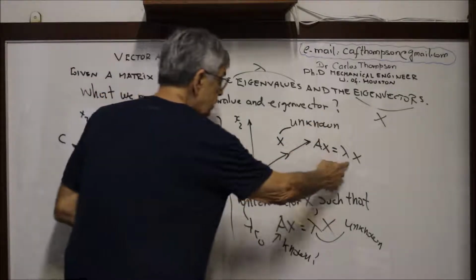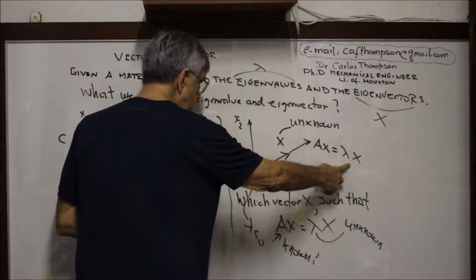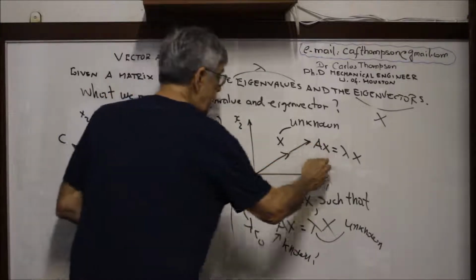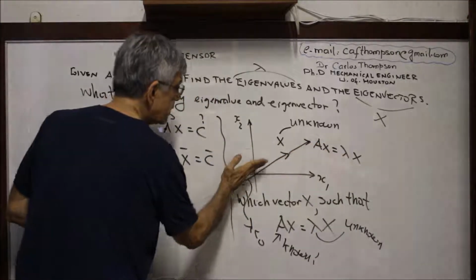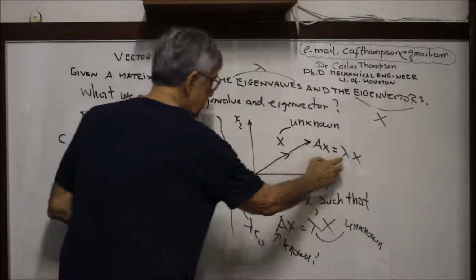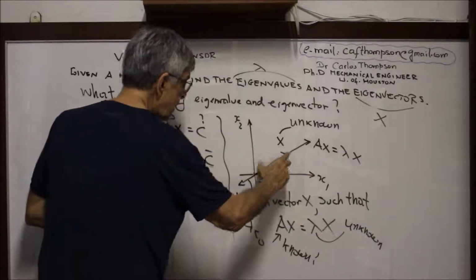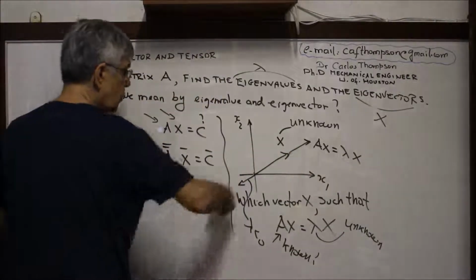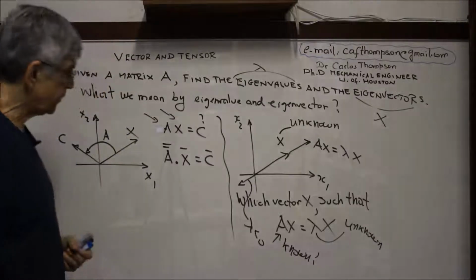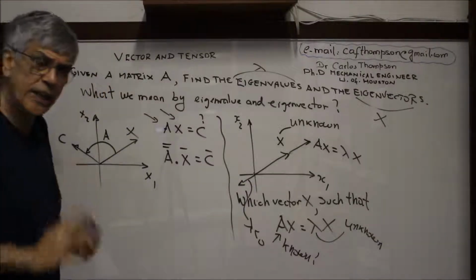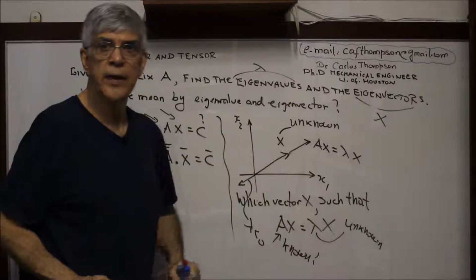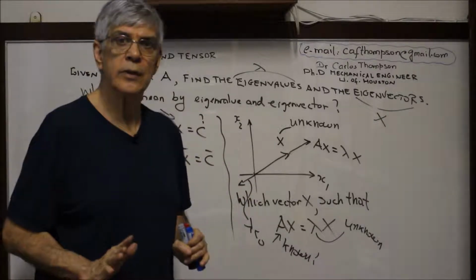You see, if lambda is positive, now Ax, lambda x, has the same direction of x. If lambda is negative, I have x here, here's lambda x. So I have opposite direction. Did you understand clearly what we mean by eigenvector and eigenvalue?